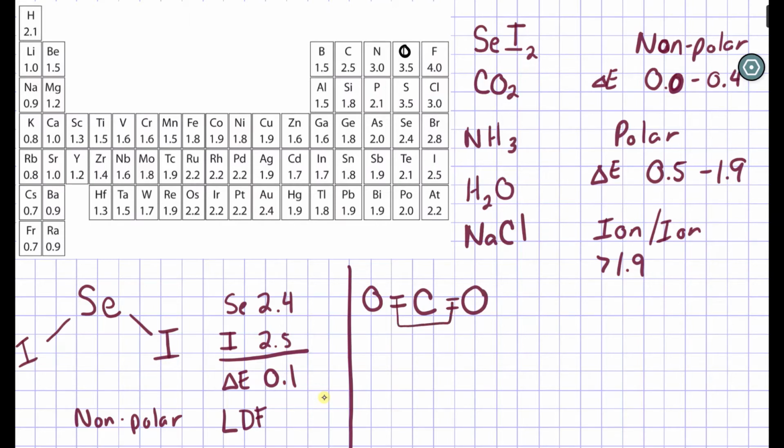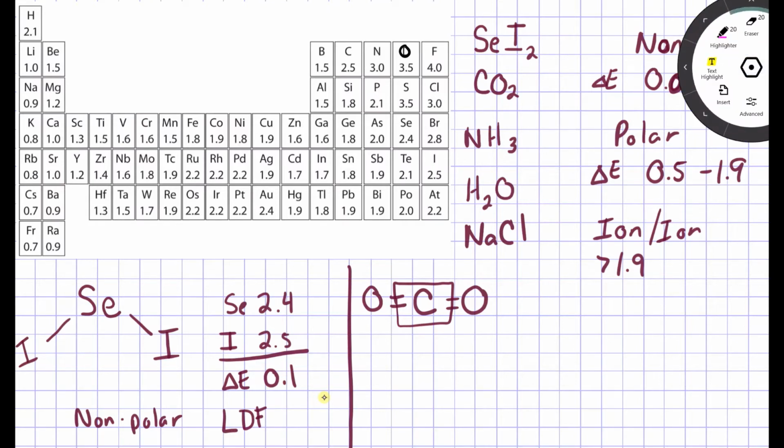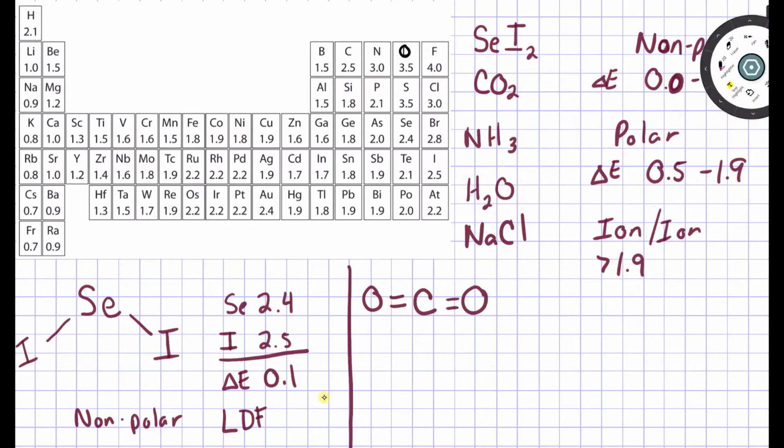Once again, if we do our whole square, since there are 2 bonding regions and both of them are bonded, this is going to be a linear molecule, and that is going to play a very important role in just a moment. When we look at this, we have that our carbon is 2.5.